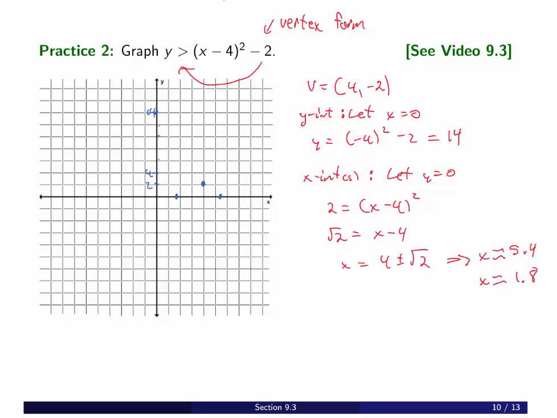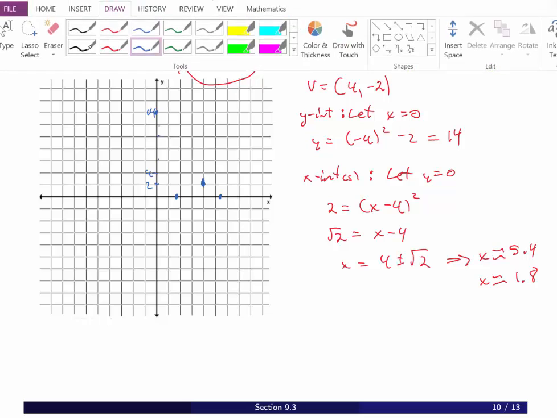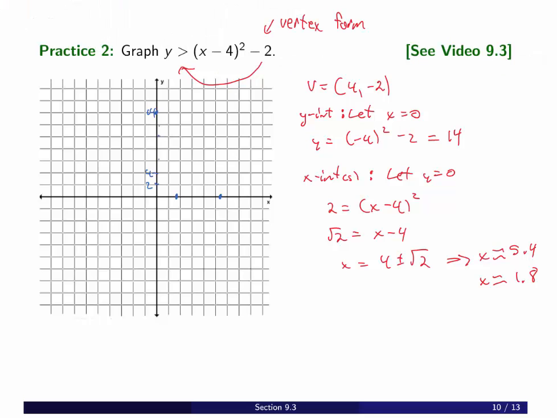And you can tell I'm on my third video here of the day, because it's 4 and negative 2. 4 and negative 2, which would be roughly right here.